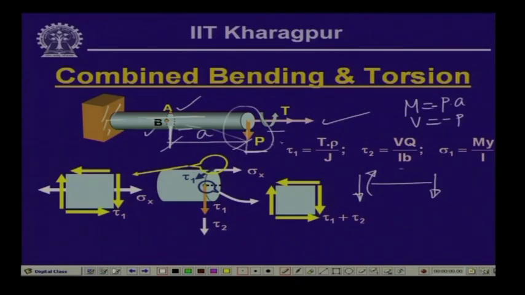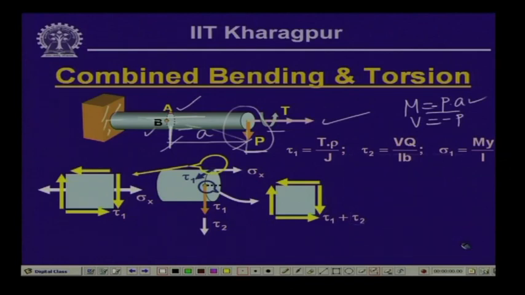Now, you see M is minus P into a, and as you know sigma is equal to minus M y by I. So, for M if we put minus P a, this is plus P a y by I. So, thereby the stress is becoming positive, and positive indicates tensile stress. So, from the expression you also get the same as you are seeing here physically.